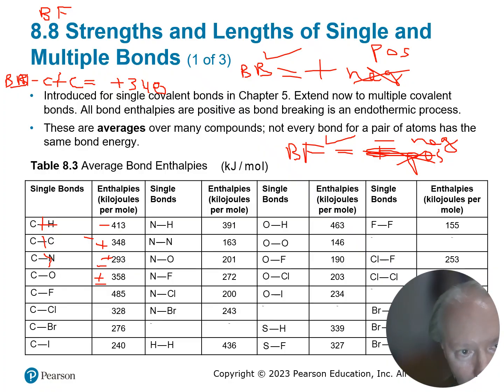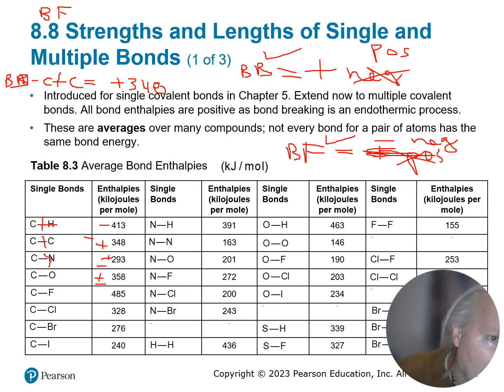So you broke a carbon-carbon bond. You had to put in 348 kilojoules per mole. So the energy that you had to put into that chemical system per mole was 348 kilojoules to break that carbon-carbon bond. Now, say you're going to have a bond formation where you make two carbon-hydrogen bonds.